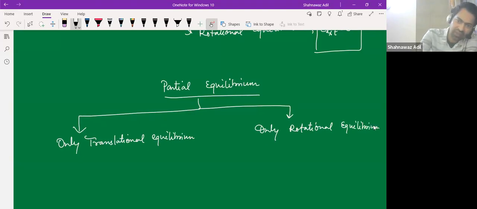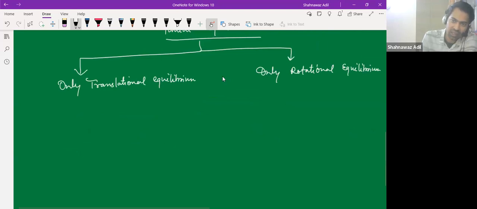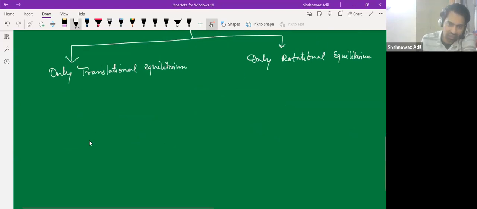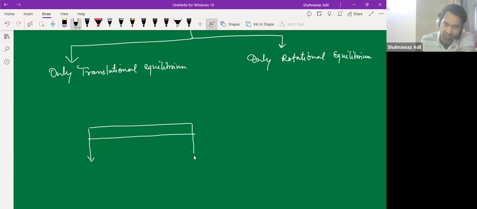So whenever we have, let's say the two cases, this was the first case that we talked about. So this is a rod, and two equal forces are acting in this direction. So this is F, magnitudes are same, and this is the center, right?